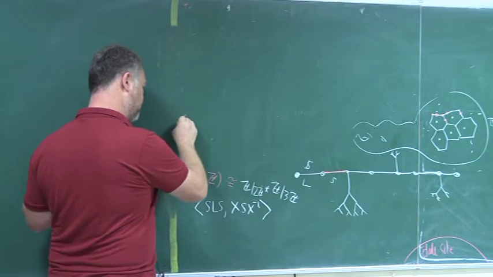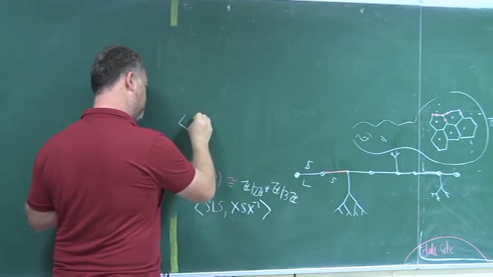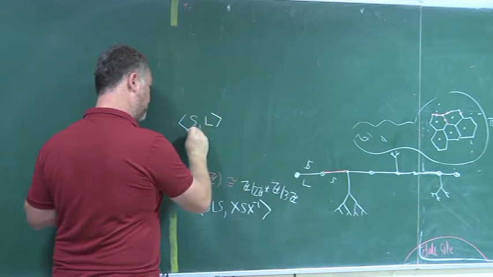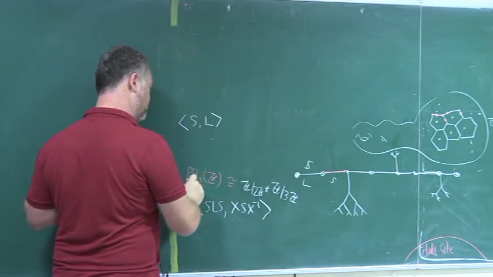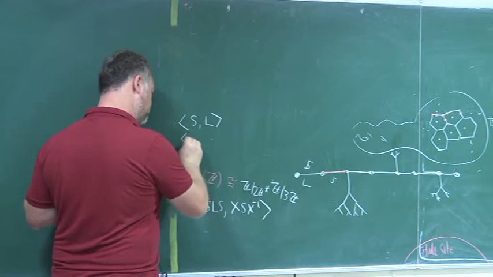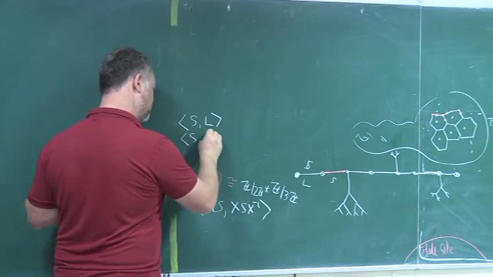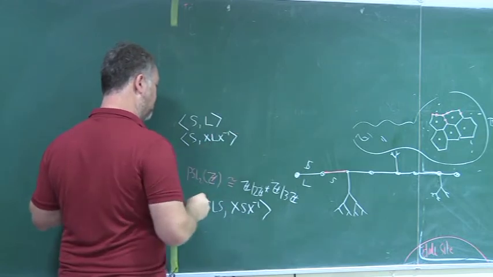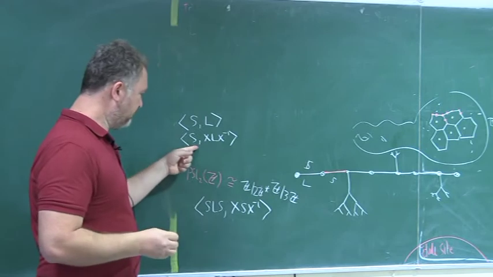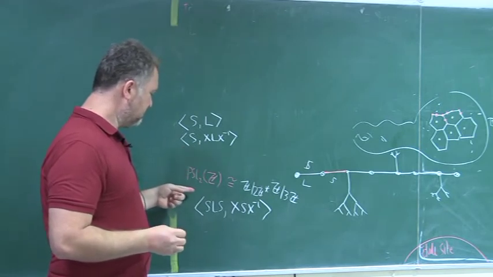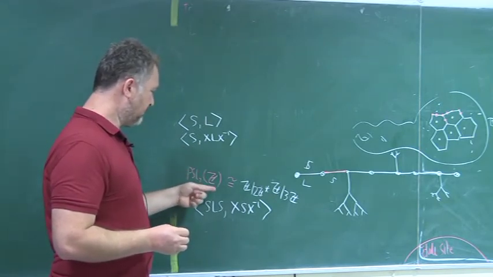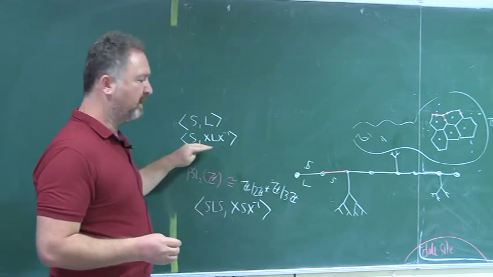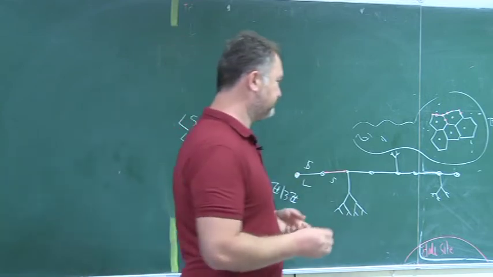For example, if I have the subgroup generated by S and L, then this is the group PSL2Z itself. Instead, if I have a subgroup generated by X, L, X to the minus 1, then I'm going to obtain a subgroup which is also isomorphic to this one, but which is a proper subgroup. And this is that subgroup.